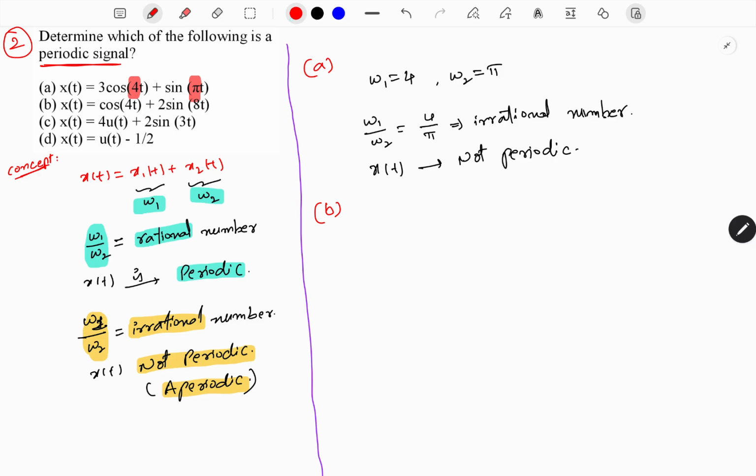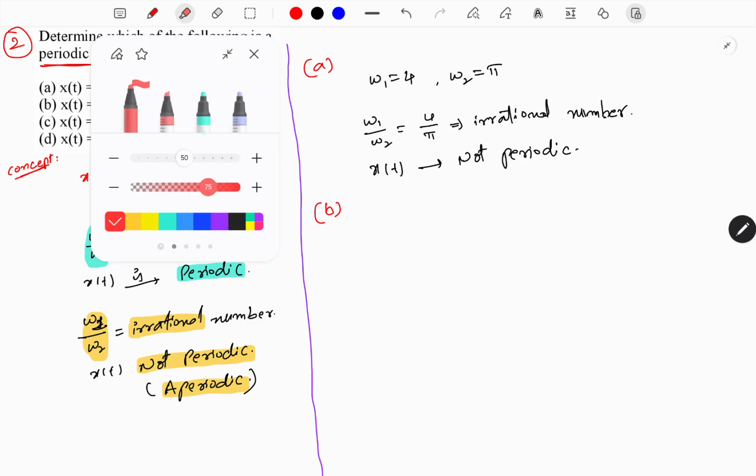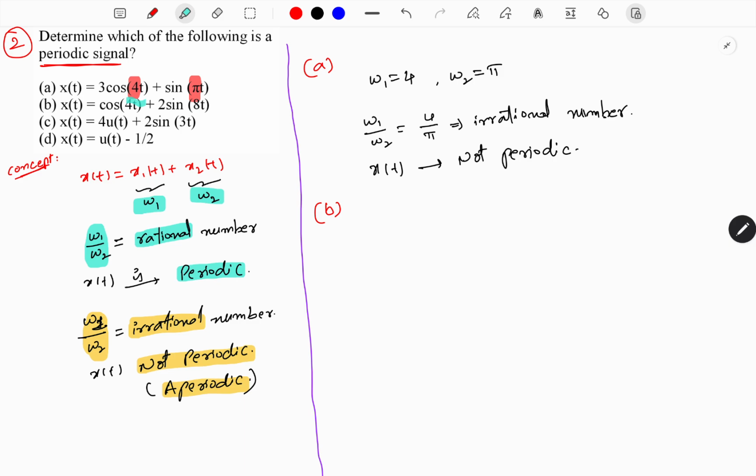Now option B. In option B, the angular frequency for the first signal is 4 and for the second signal is 8. Now divide omega 1 by omega 2: 4 by 8 is equal to 1 by 2. The ratio is a rational number.